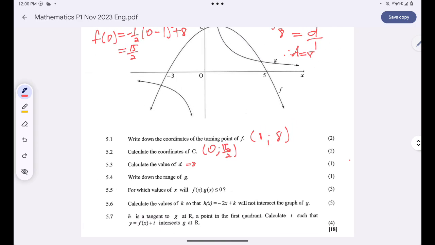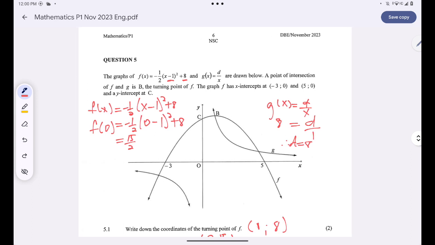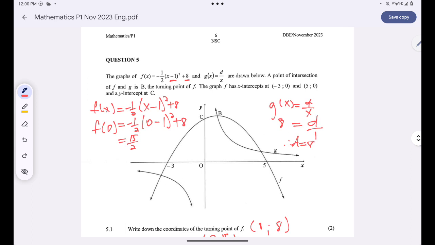Okay, now I'm supposed to write the range of g. For the range, guys, it's just simple. I just need to scan my graph vertically from the bottom to the top. Whenever I move, I can see that my graph is real for all values of y, but my graph does not touch the x-axis.